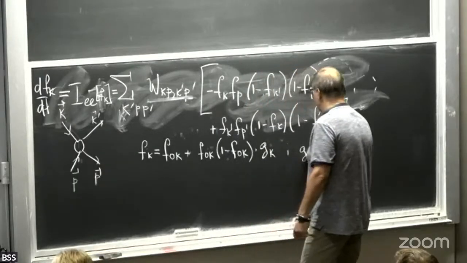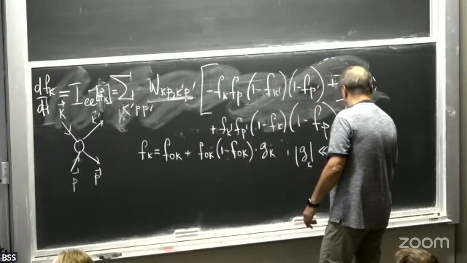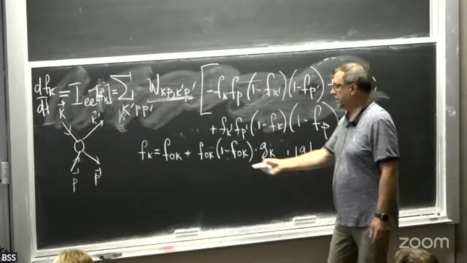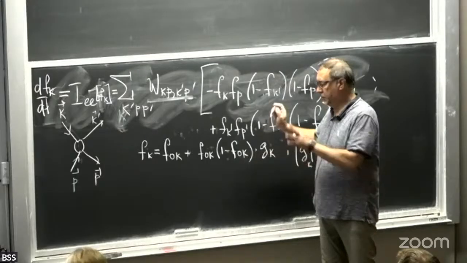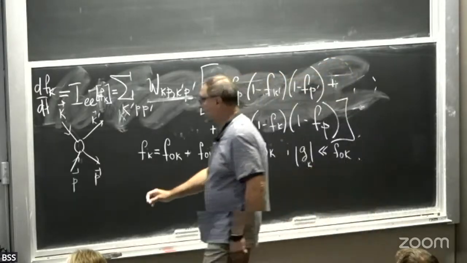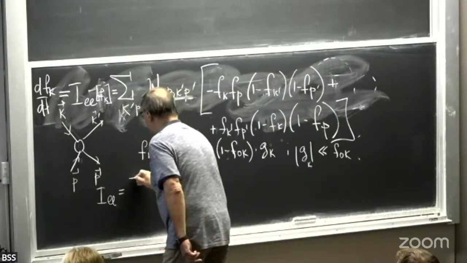And g in magnitude is much smaller than the typical value of the Fermi function. This is, of course, just an arbitrary choice. But if you do this, the collision integral acquires a very nice form.